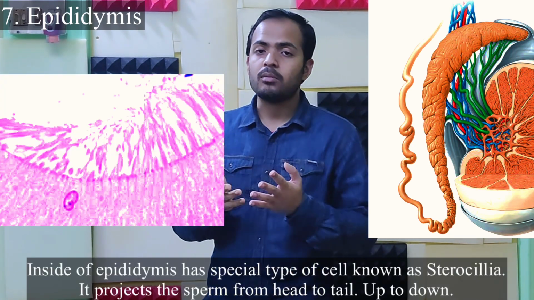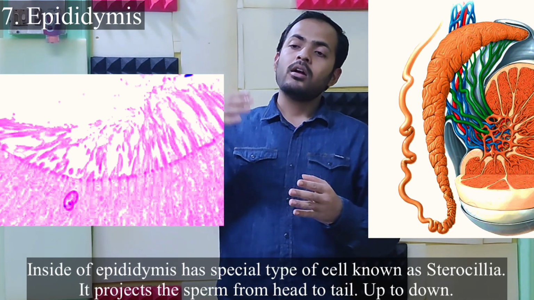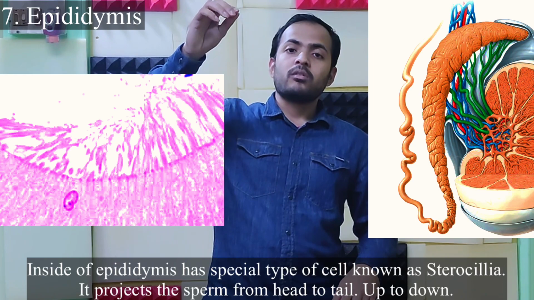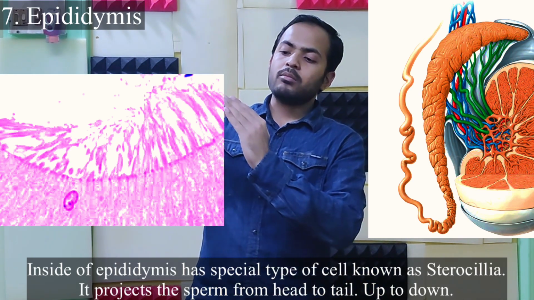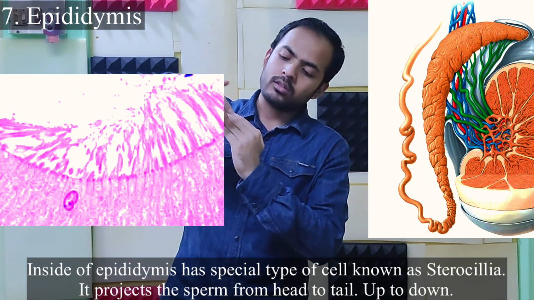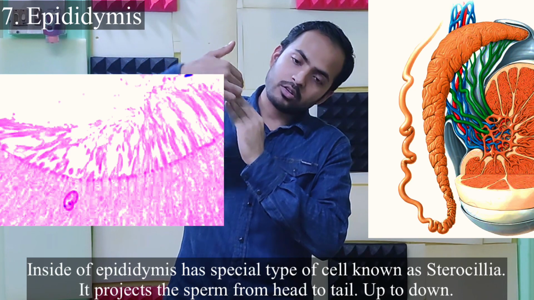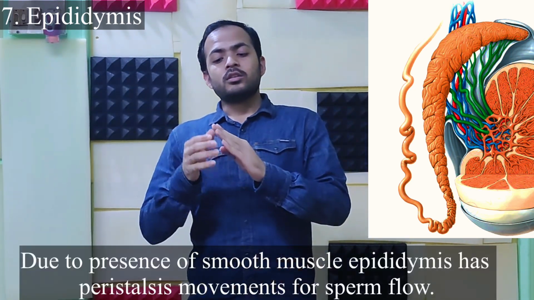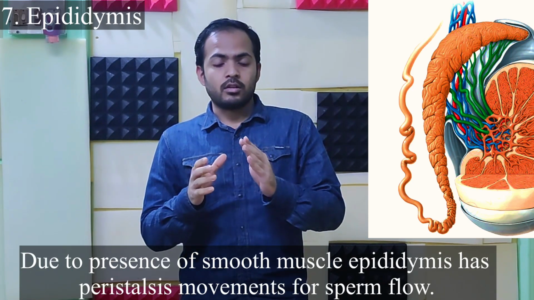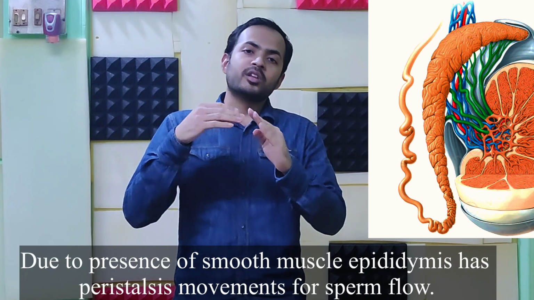So the epididymis has three parts: head, body, tail. Inside of the epididymis there is a very special type of epithelium with stereocilia. The stereocilia project the sperm from upside to downside, as the head is upside and then the body and tail. Also this epididymis has smooth muscle, which contracts and acts like peristalsis.